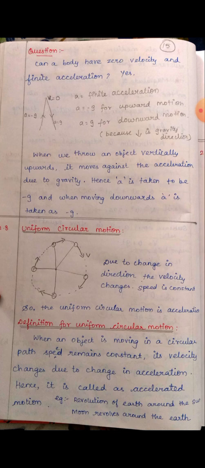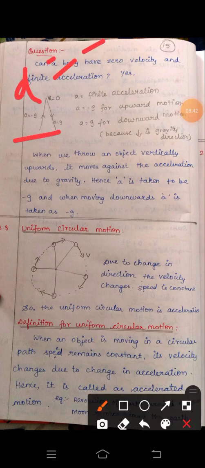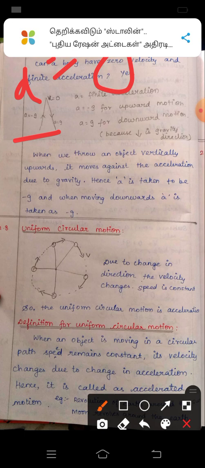When we throw an object vertically upwards, it moves against the acceleration due to gravity. So while going upwards, we keep the a value as minus g, because the acceleration due to gravity is against the motion.